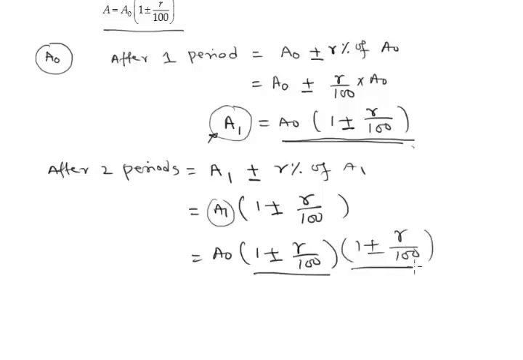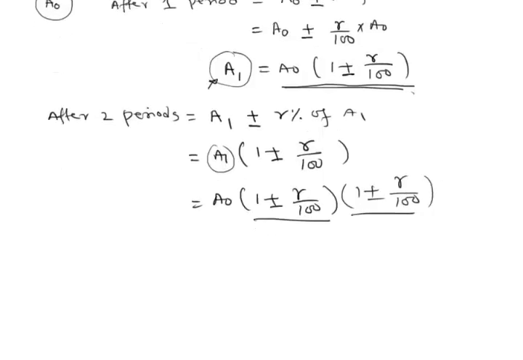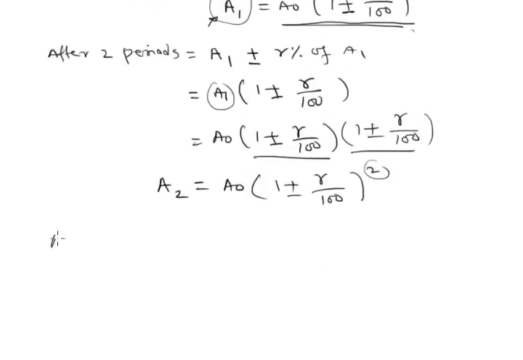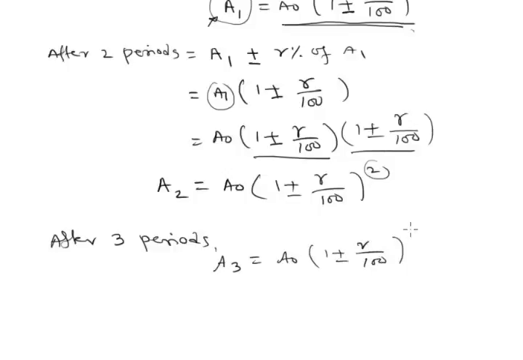So the same thing multiplies twice, so we can write it in square form as A0 times 1 plus or minus R divided by 100 squared. In a similar way, after three periods, A3 will be A0 times 1 plus or minus R divided by 100 to the power 3.